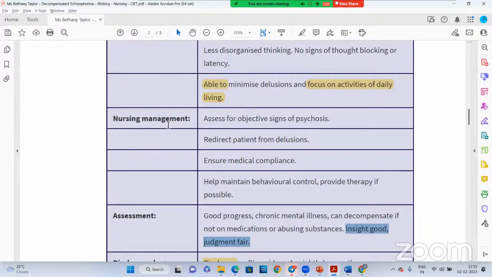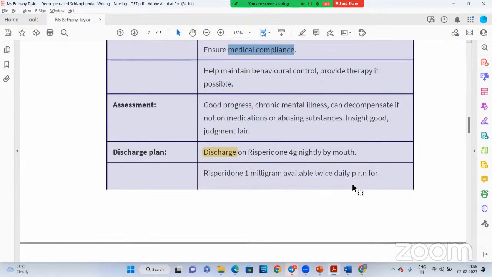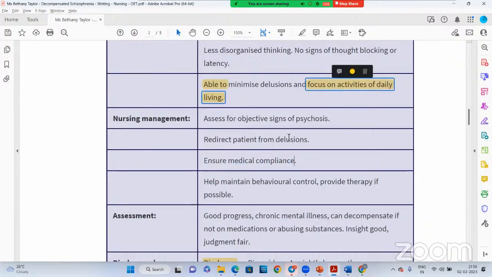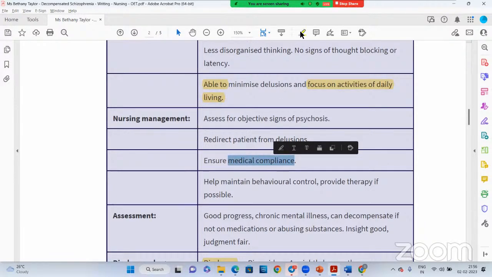And the nursing management, you see, what was managed? Medication compliance. Because of this medication compliance only, this condition improved, because of this nursing management. Nursing management involved medication compliance, not medical compliance, medication compliance.